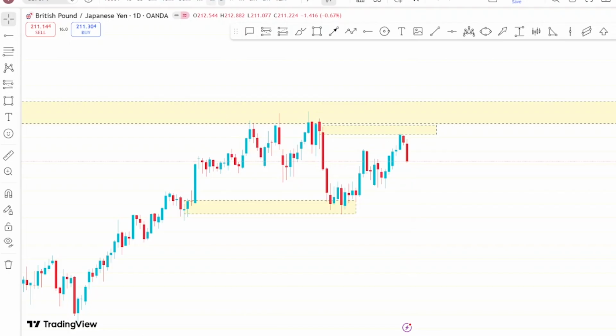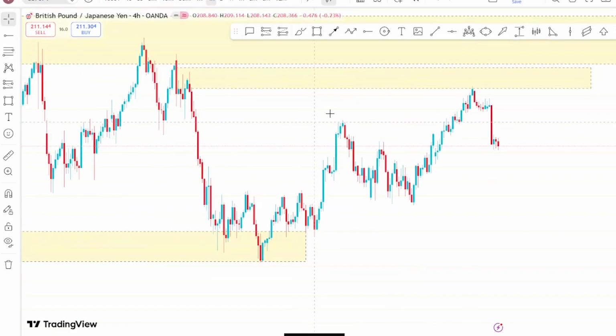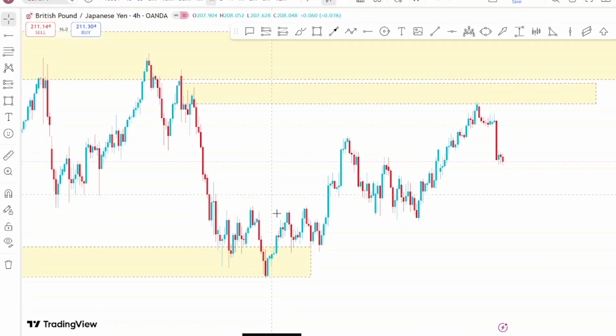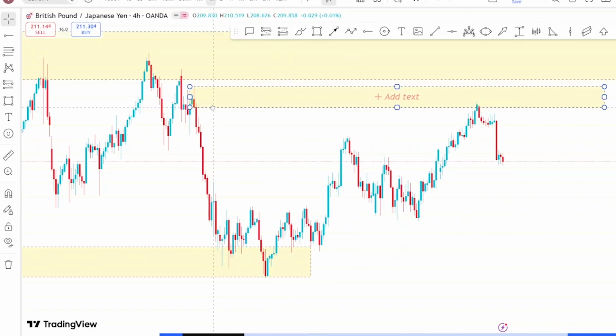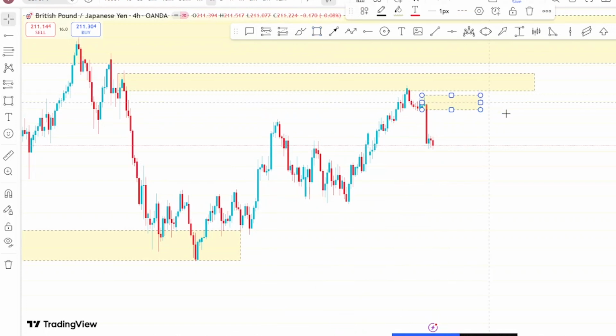So let me move to the 4-hour time frame. Okay, 4-hour time frame, that's what I was talking about. The market we're expecting to be moving up so that we can target this high as a supply area to take a sell from. You can see a reaction from this area. We move downside and we have this supply area where we can also be expecting to be reacting from.